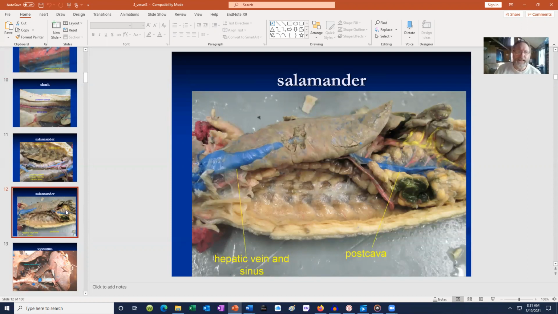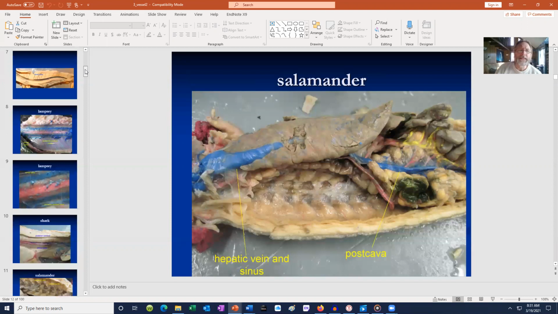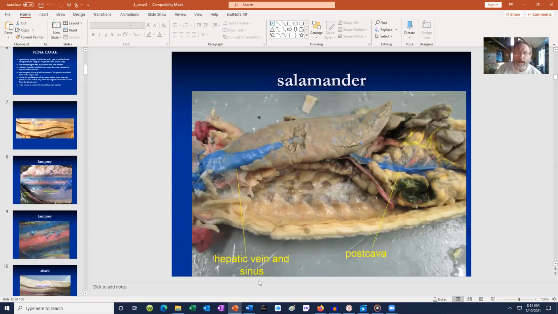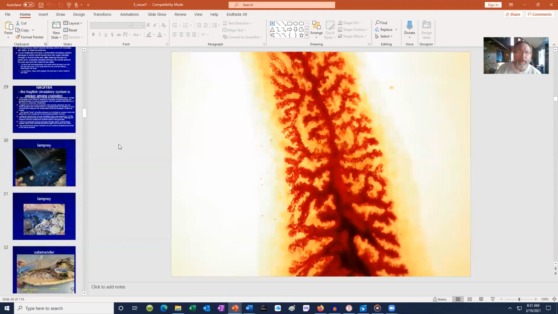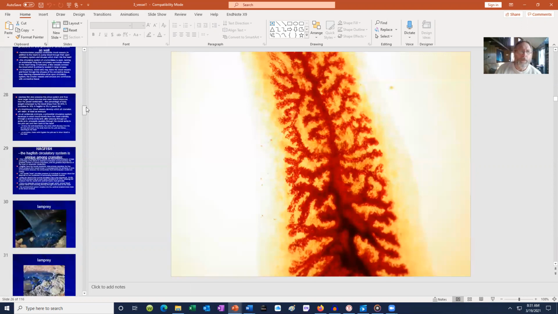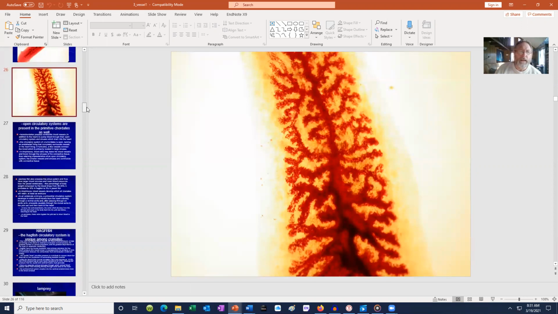And so it has the name of a sinus. In humans, we have a coronary sinus in the back of the heart. We have dural sinuses in our brain. So sinuses are these wide veins with thinner walls. Well, these were more the norm.